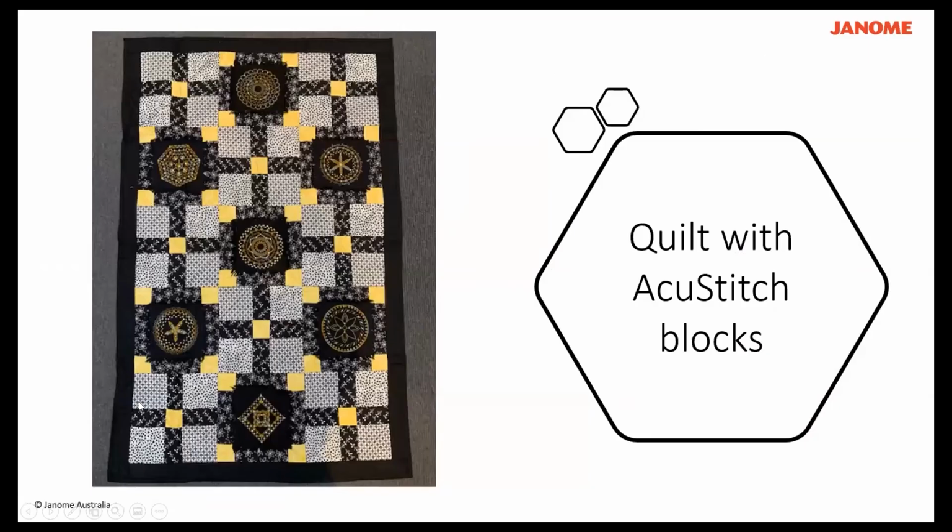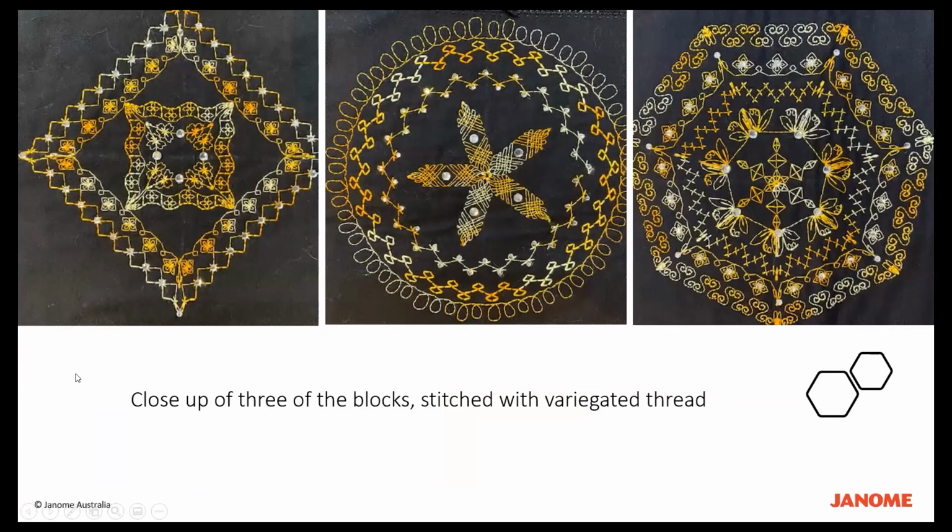This is another quilt that we've created. So it has utilized embroidery in all of the dark black squares, and then we've done some piecing around the outside. And here is a close-up of the stitching, and we've utilized a variegated thread here so that you can get some beautiful designs happening and extra sort of work. And we've also utilized some little crystals.